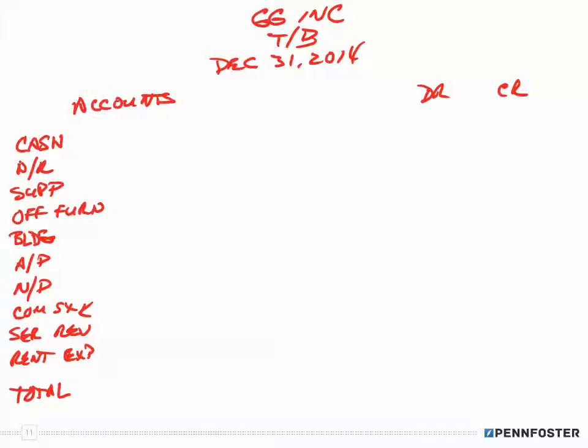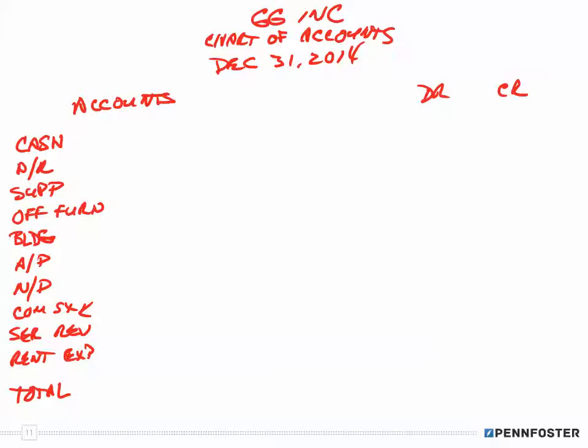Remember, a trial balance is nothing more than a listing of your ledger accounts. If I didn't do anything more, instead of a trial balance, this would actually be a chart of accounts.